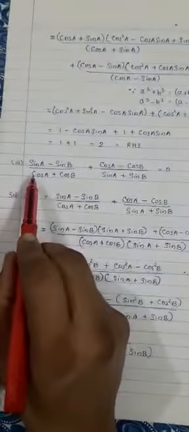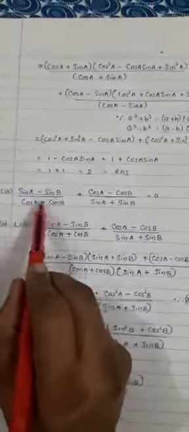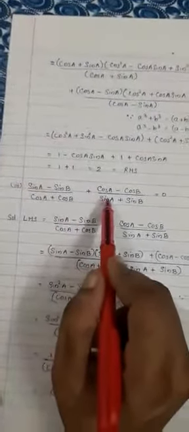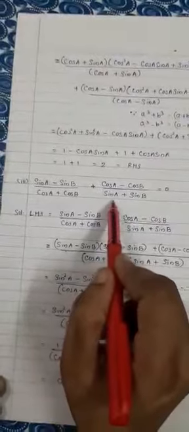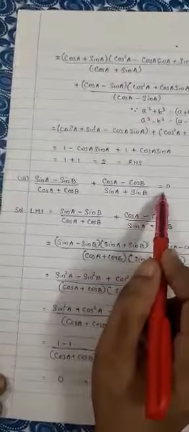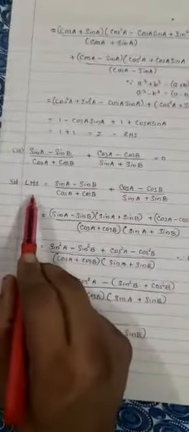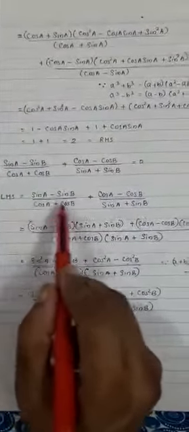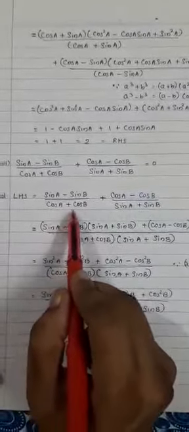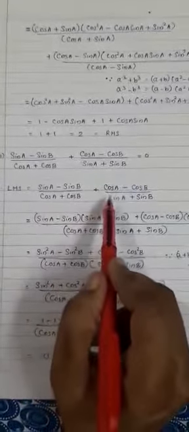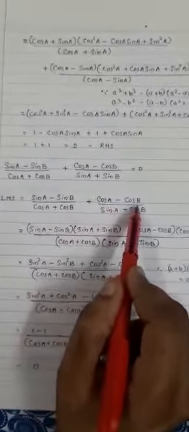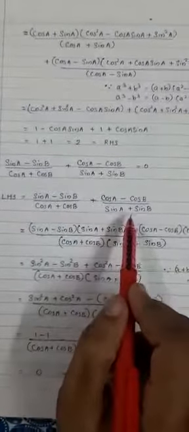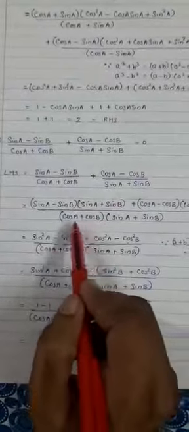Next question. Sin A minus sin B divided by cos A plus cos B plus cos A minus cos B divided by sin A plus sin B equal to 0. LHS equal to sin A minus sin B divided by cos A plus cos B plus cos A minus cos B divided by sin A plus sin B. Take the LCM.